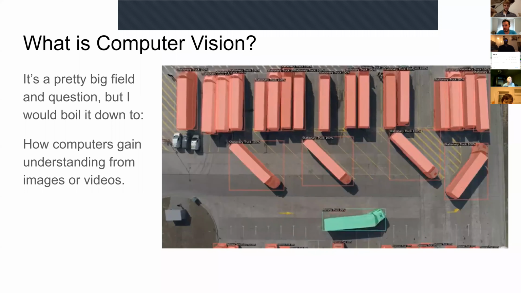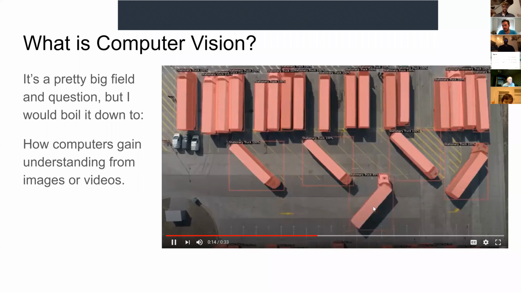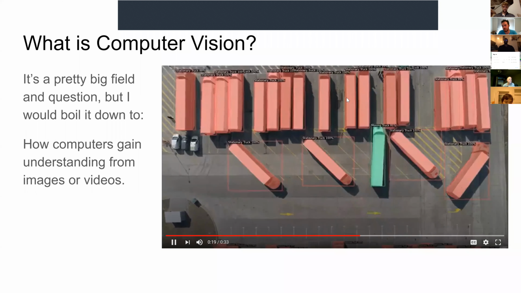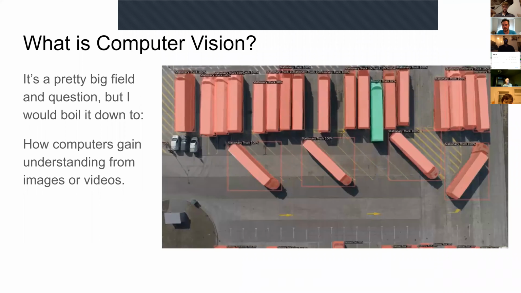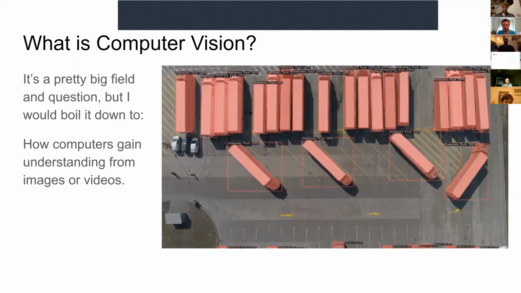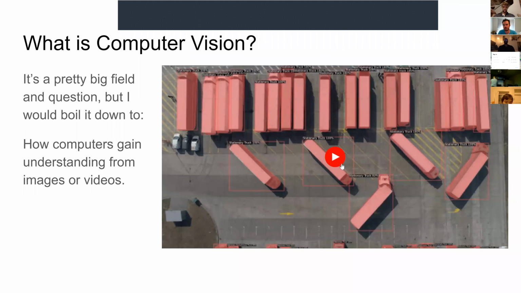This is doing object tracking. We're actually tracking a truck, and this green one is moving, so it's classified as green mostly. And when it actually parks, it will turn red. So this would be something like when you want to monitor how many trucks are driving around in some sort of space. And it's really cool, right? It actually gains quite a bit of understanding from the video, enough that you can say, oh, this is a truck, and we can see the one that's moving, and we can classify when it's moving or parked.